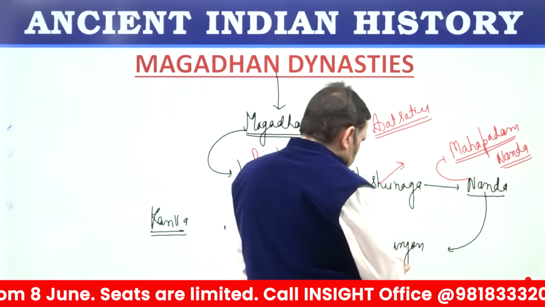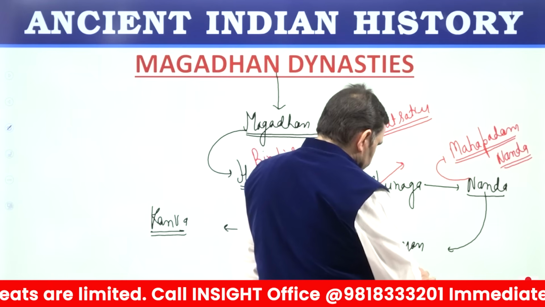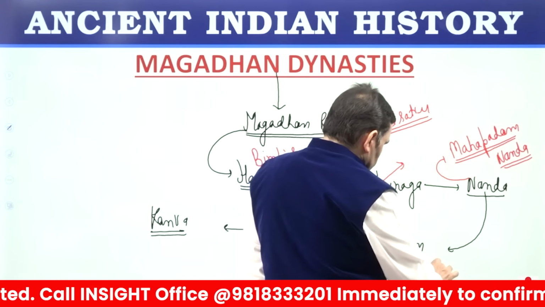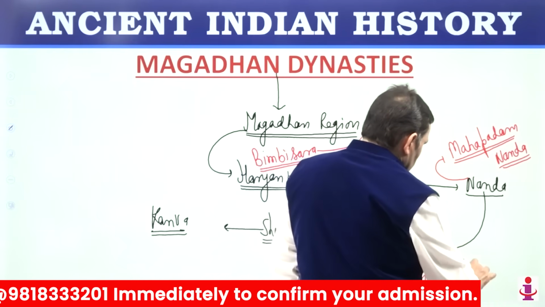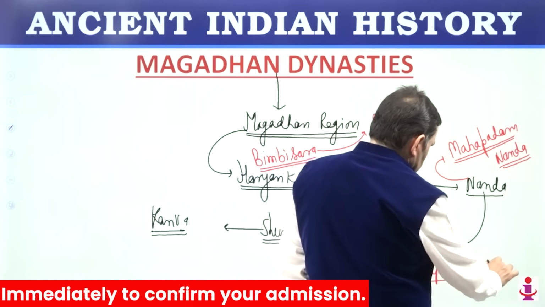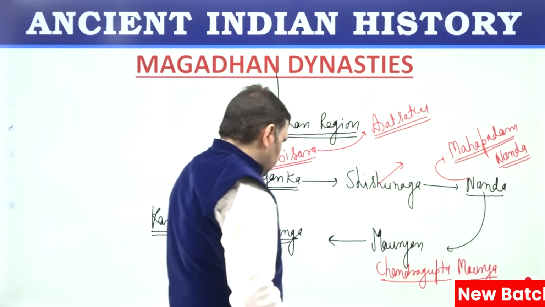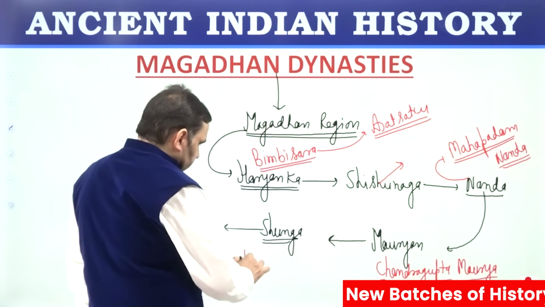Then came Chandragupta Maurya. He was the founder of Mauryan dynasty. Pushyamitra Shunga was the founder of Shunga dynasty.